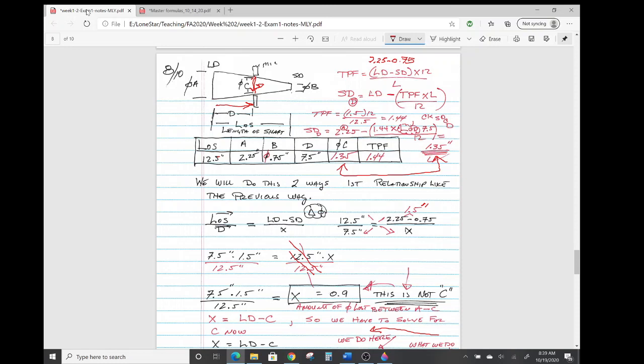Now, if you were given a chart with different variables in, you might just have to do 4 or 5 of these, and they're all different variables. The lengths will be different. The large, small diameters will be different. If you can solve for taper per foot, then you can do that, and then find that new small diameter at the distance D, whatever that might be. There may be 4 or 5 of these.